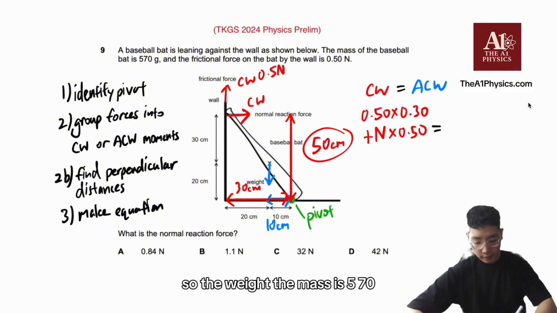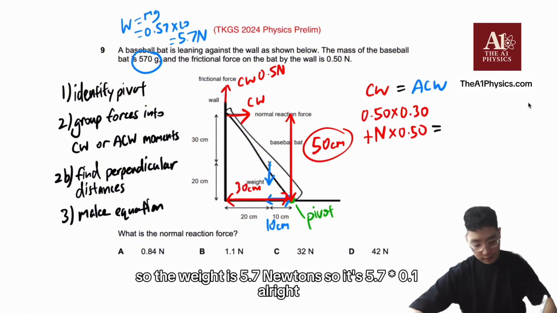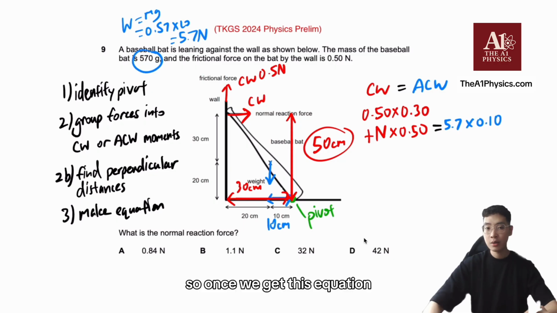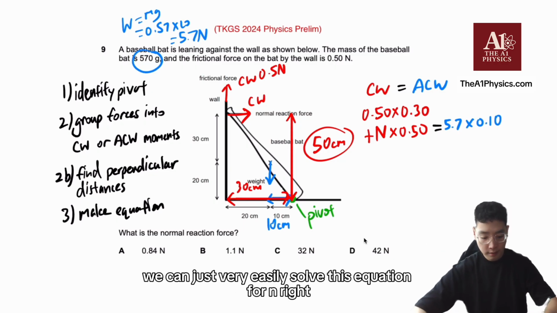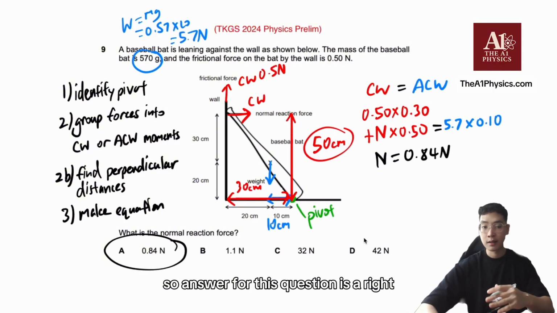So the weight, the mass is 570 g, so W equals mg equals 0.57 times 10 equals 5.7 newtons. So the weight is 5.7 newtons. So it's 5.7 times 0.1. Once we get this equation, we can just very easily solve this equation for N. So N equals 0.84 newtons. So the answer for this question is A.